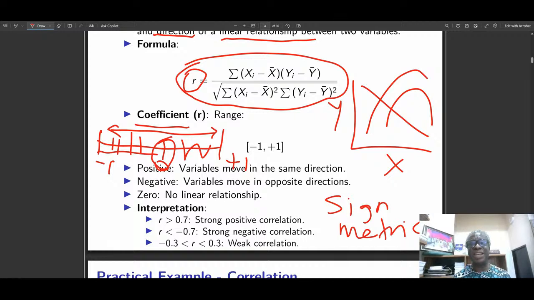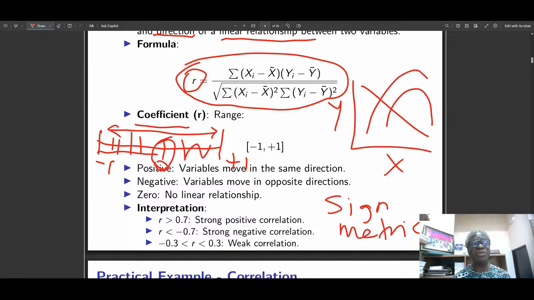The sign shows the nature of the relationship, so positive or negative. The metric shows the strength of the relationship. So that is the beauty of correlation.